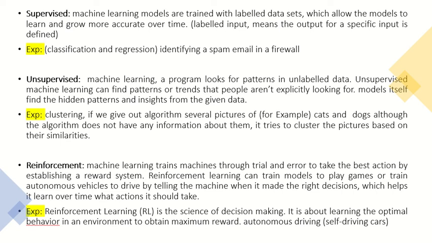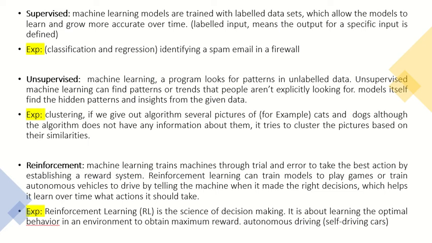And another model is the unsupervised machine learning model. In the unsupervised machine learning model, we only give input to our machine in the training process, and the machine should find a pattern by itself.